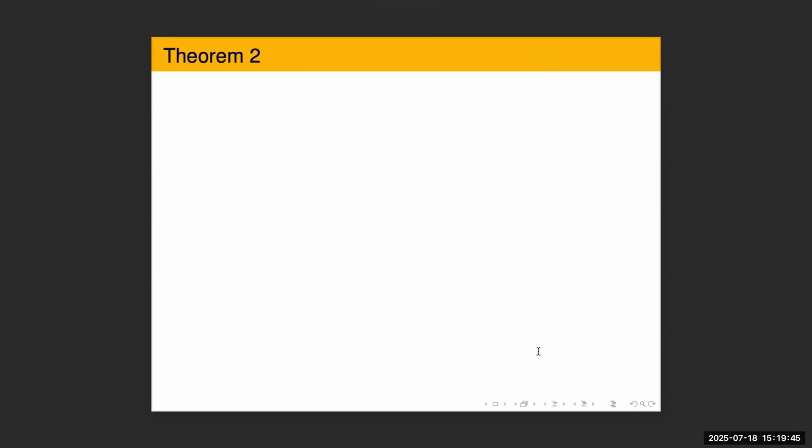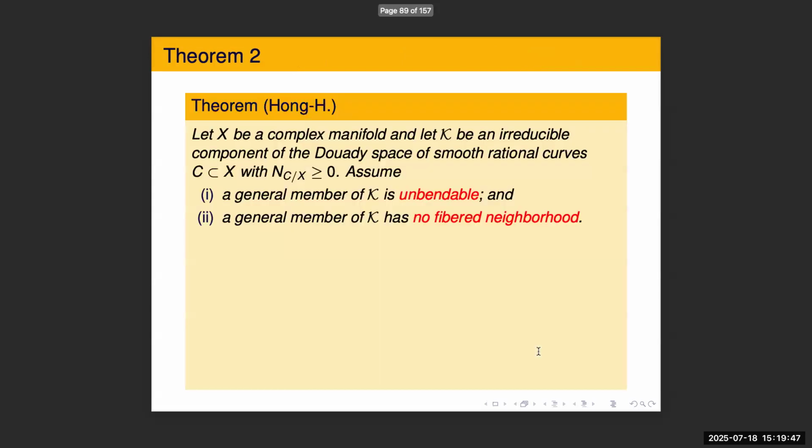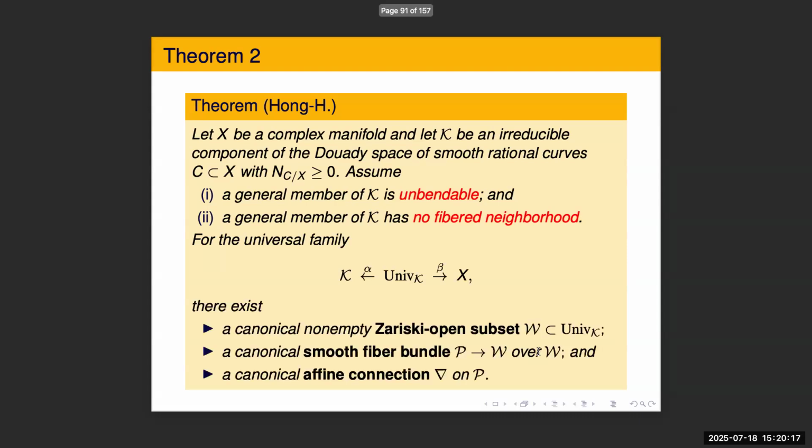And here's our second theorem. Let X be a complex manifold and K an irreducible component of the duality space of smooth rational curves with semi-positive normal bundle. Now let's assume that a general member is unbendable and the general member has no fibered neighborhood. Then you have this universal family, and what we can prove is the following.